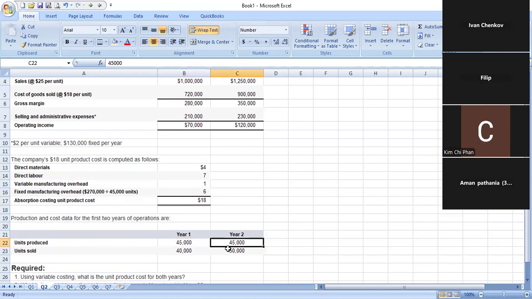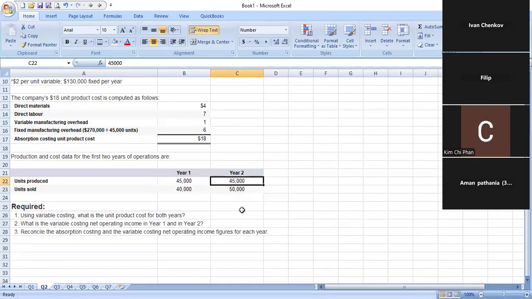So the units of production stay the same, and what changes is sales. Now, using variable costing, what's the unit product cost for both years? Using variable costing, what's the net operating income in year 1 and year 2? And the next thing is to reconcile the absorption costing and variable costing net operating income figures for each year.